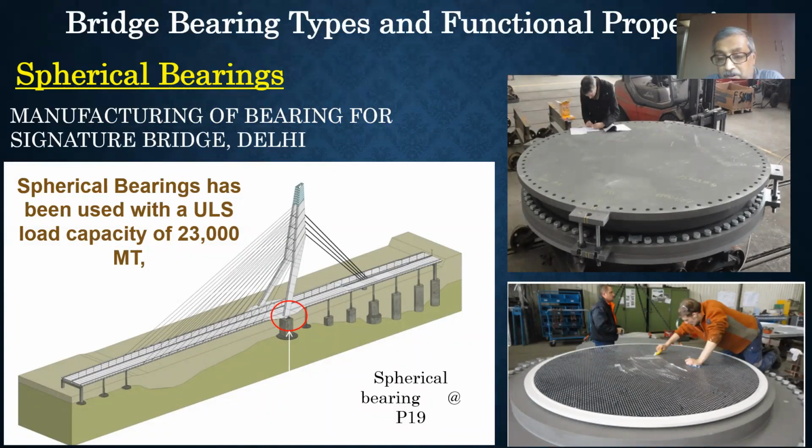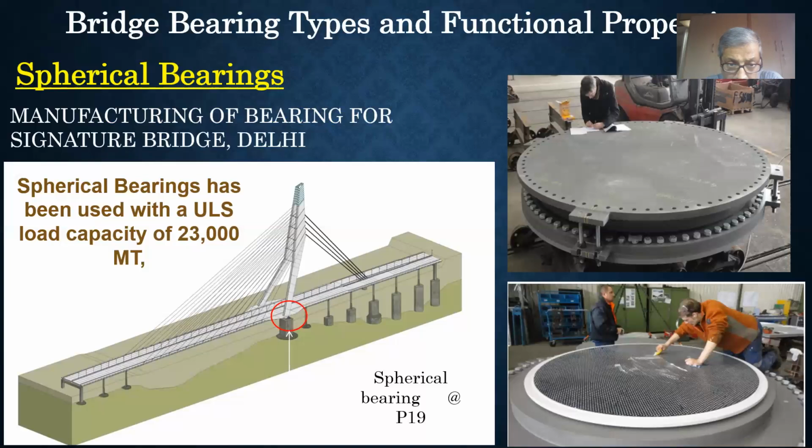The spherical bearings, as you see on the right hand side, are about 2.8 to 3 meters in diameter, and can take a load of 23,000 metric tons. This is by far the world's largest bearing. These bearings were manufactured and fabricated in Germany under strict quality control.